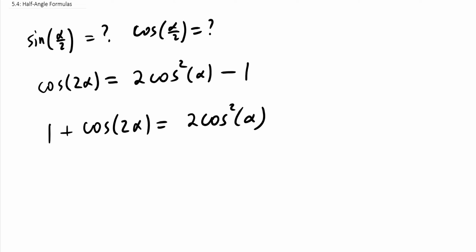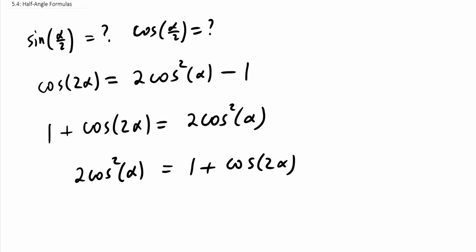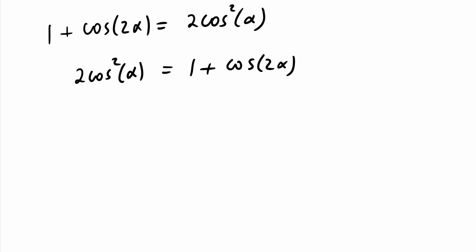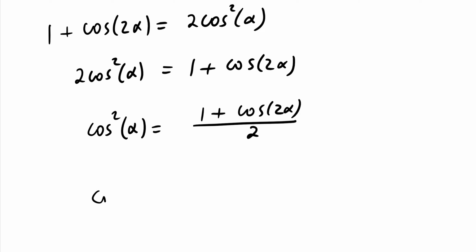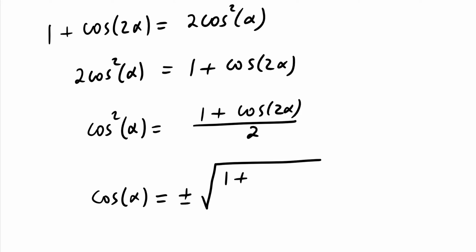So 2 cosine square alpha equals 1 plus cosine 2 alpha. Then I'm going to divide both sides by 2, to give me 1 plus cosine 2 alpha divided by 2. And then cosine alpha, by the square root property, is plus or minus the square root of this whole quantity.